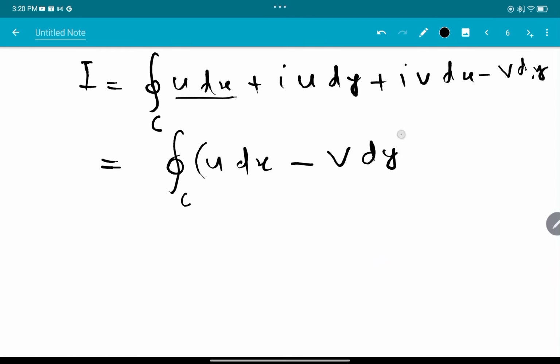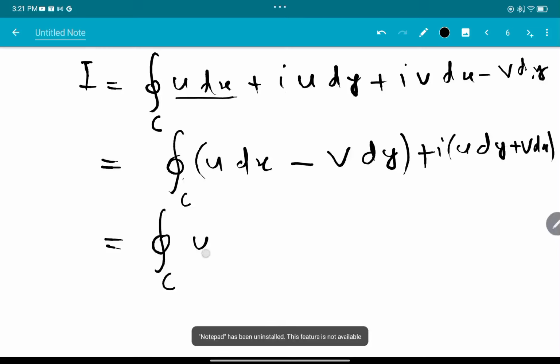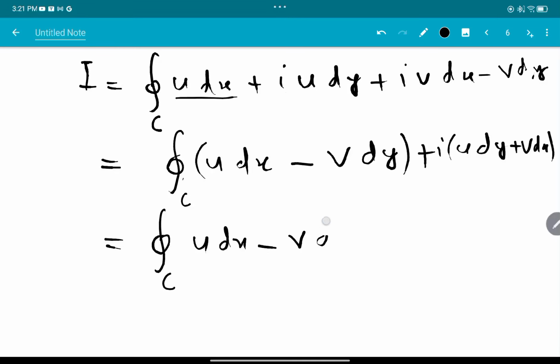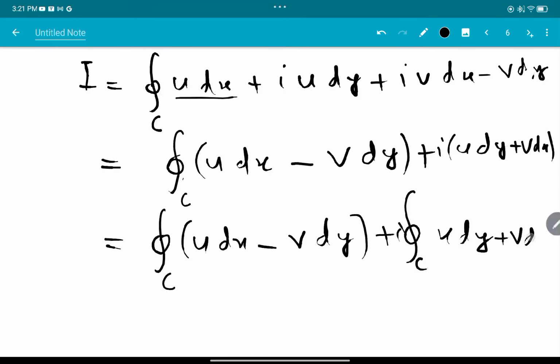Plus, i is common here, i times u dy plus v dx. What I am going to do now is split this integral into two integrals, one for the real part and another for the imaginary part. I have integral over C of u dx minus v dy, plus i times integral over C of u dy plus v dx.